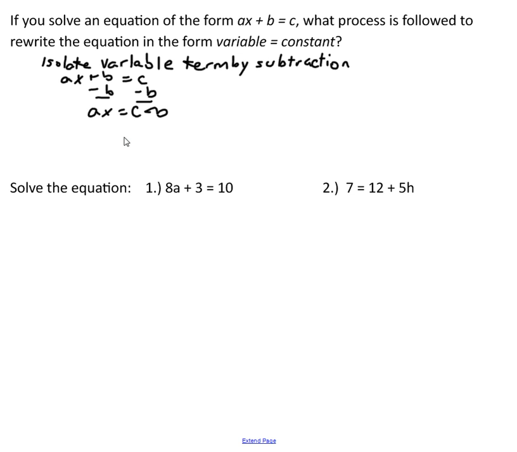The next thing that we're going to do after that is that we're going to divide both sides by whatever constant is in front of x on both sides, to isolate x, or isolate the variable.